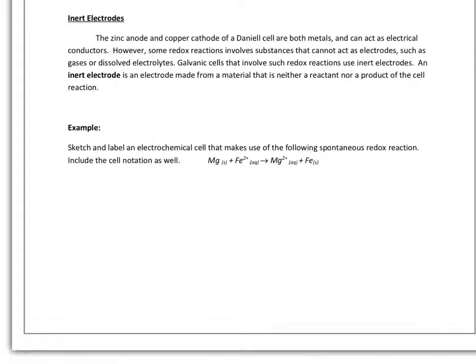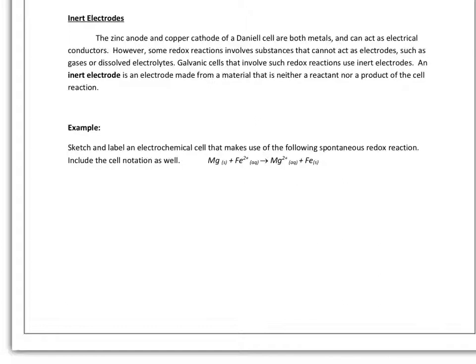The zinc anode and copper cathode of the Daniell cell are metals and can act as electrical conductors. However, some redox reactions involve substances that cannot act as electrodes, such as gases or dissolved electrolytes. If the electrochemical cell involves gases or dissolved electrolytes, there's nothing for us to clamp the alligator clips onto, per se.